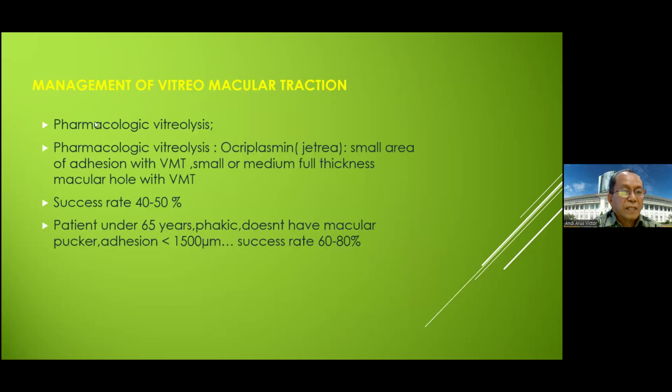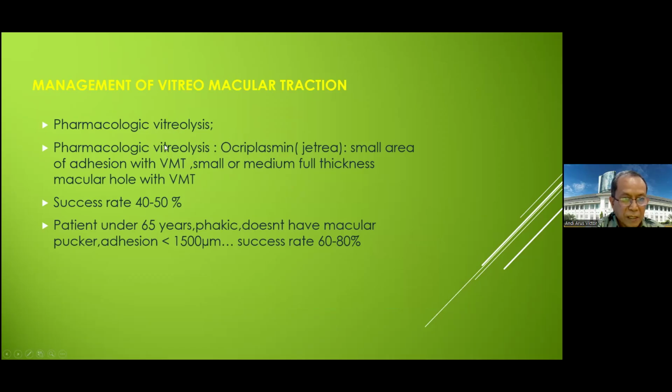Another option is pharmacologic vitreolysis, which we know as ocriplasmin. It is used if there is a small area of adhesion in vitreomacular traction, and a small or medium full-thickness macular hole with vitreomacular traction.